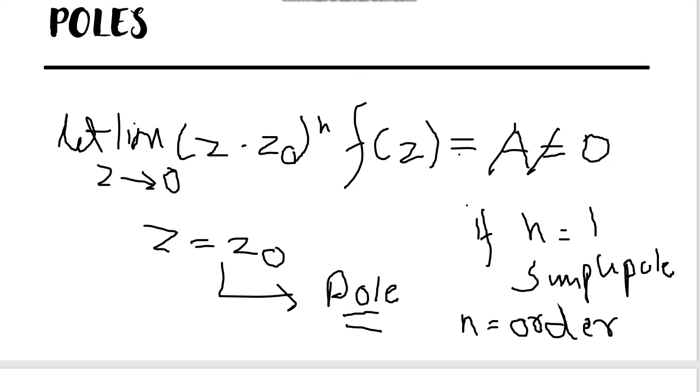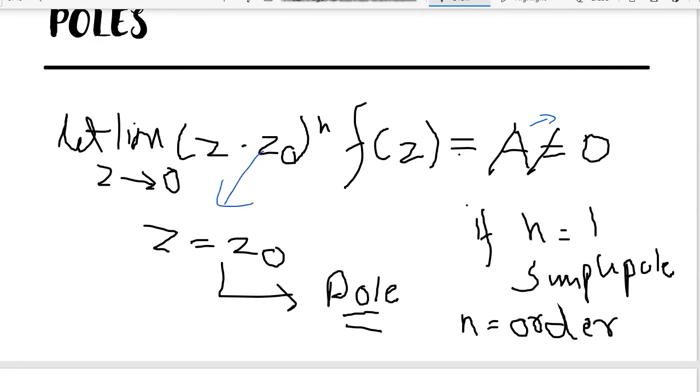If it is not isolated, then it is known as an ordinary point, or you can say ordinary singularity. Now let us see the poles. What are poles? Let any function be in the form: limit as z approaches z naught of (z minus z naught) raised to power n times f(z) is equal to some number a.